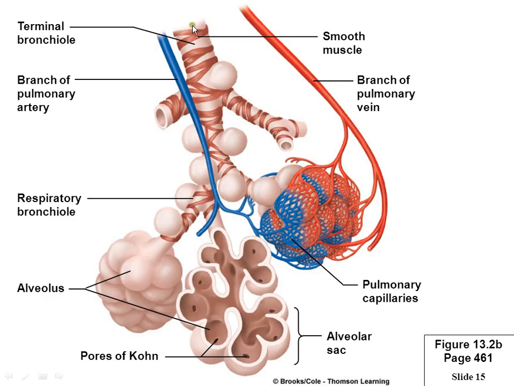Right, so there are your bronchioles, and you can see the bronchioles are wrapped in smooth muscle. They can be changed in size quickly. And it's the same principle. If you take the radius and shrink it in half, what did you actually do to the resistance? Yep, so if you decrease the radius, you did what to the resistance? Increased it. If you decreased the radius by half, what did you do to the resistance?